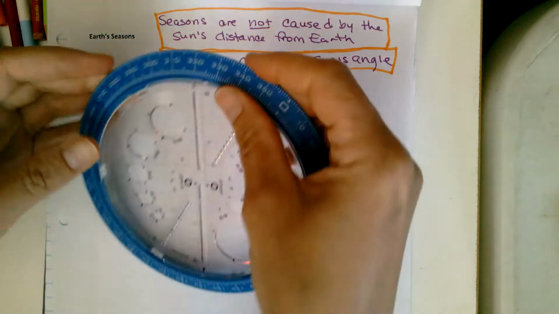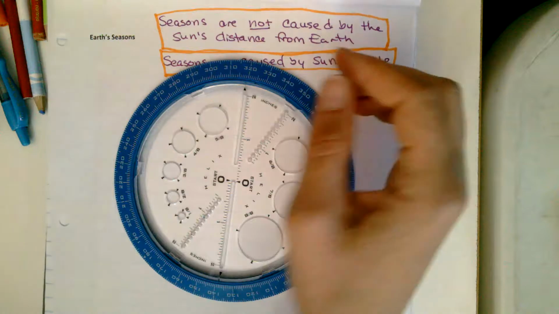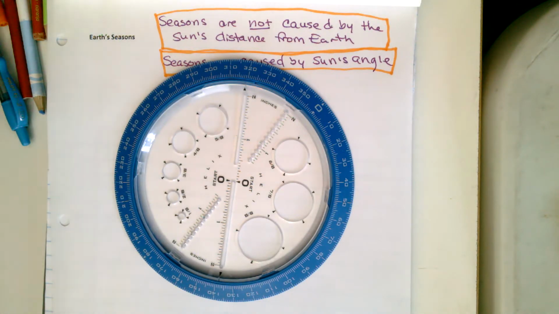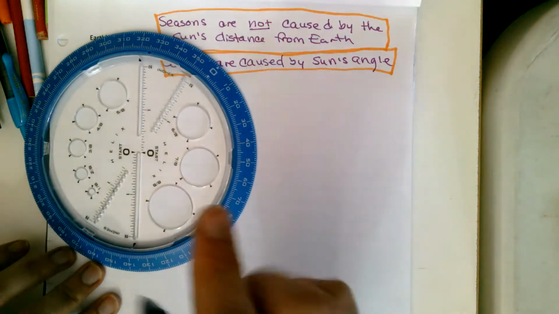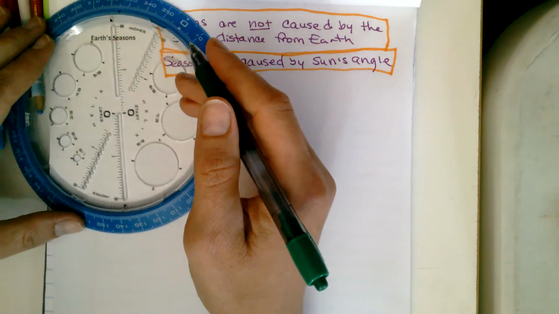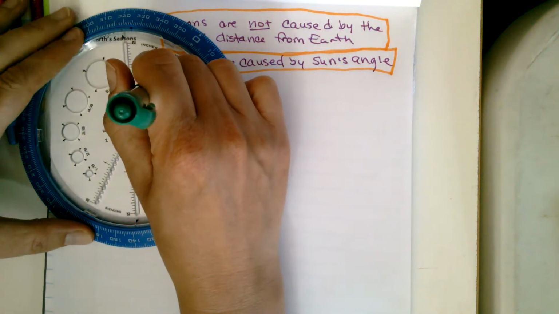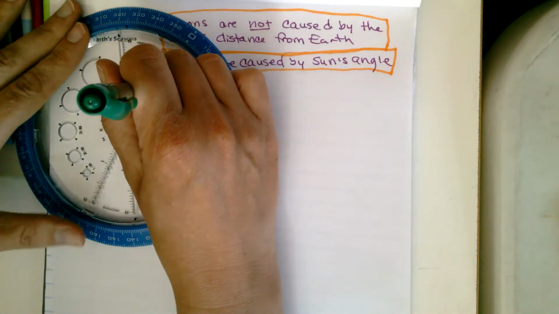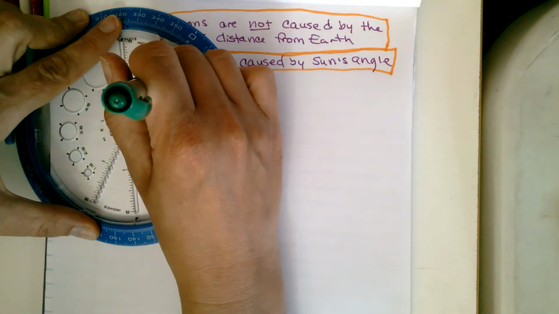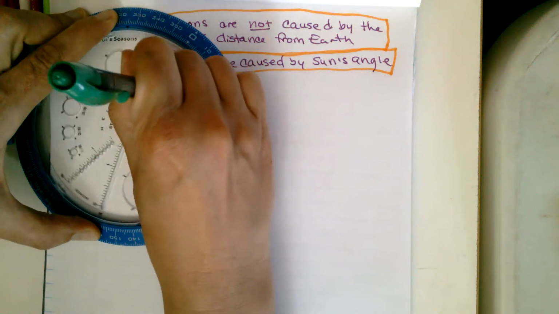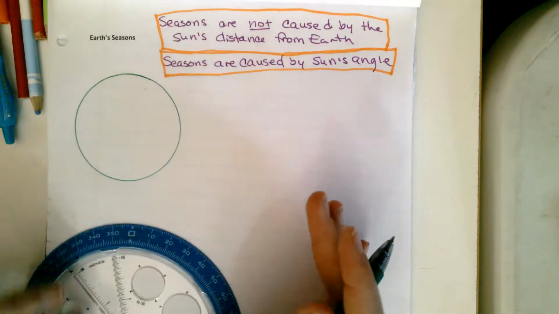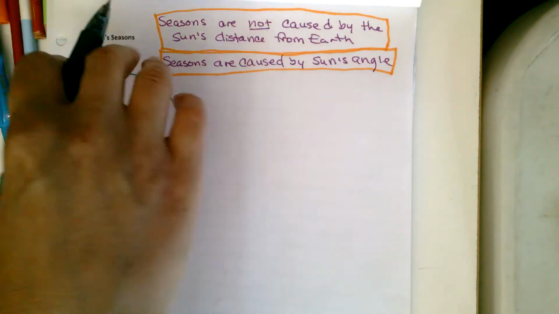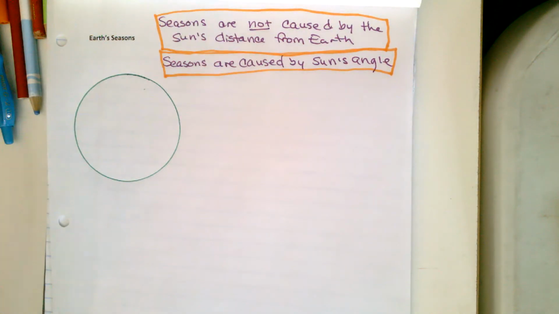Okay, so I'm going to draw, let's put Earth over here this time. And I want my Earth to be reasonably big. So let's do this big of an Earth. That's a nice big Earth. Probably should have been a little lower down because of that, but that's okay.